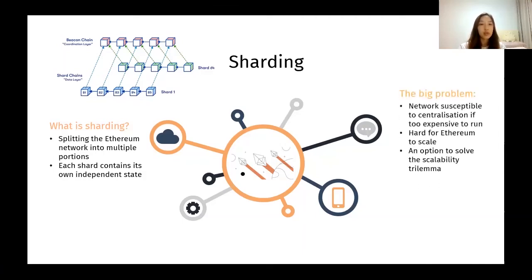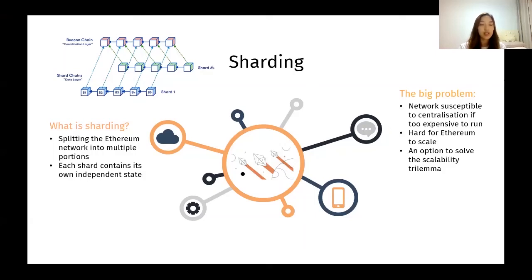So if the Ethereum nodes become too expensive to run, the network will become more susceptible to centralization, and at the same time, requiring each transaction to be processed by every node will make it so Ethereum never scales. So sharding is the potential solution to this very problem.